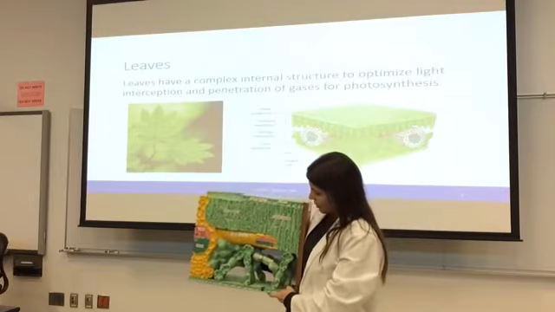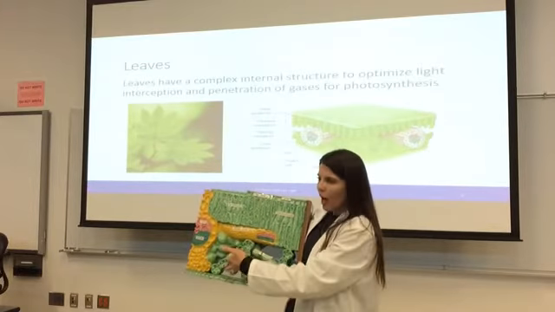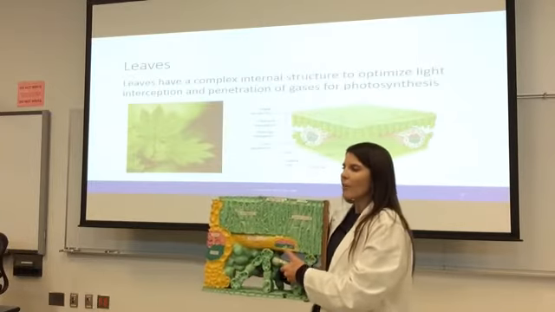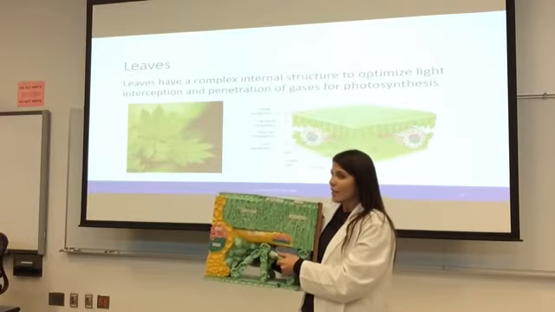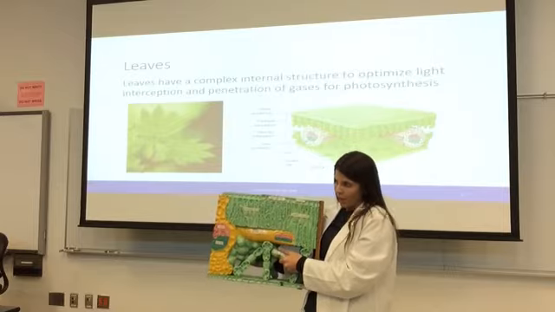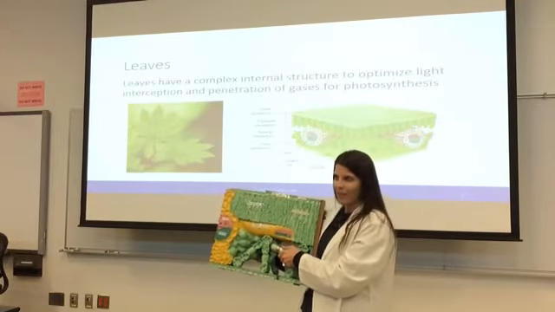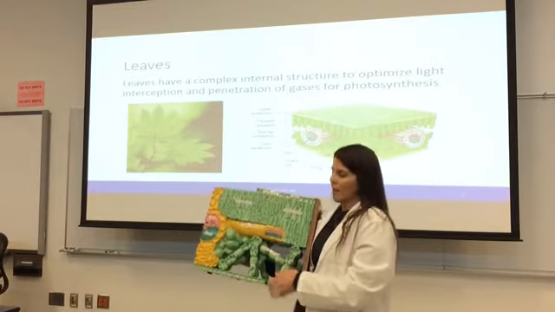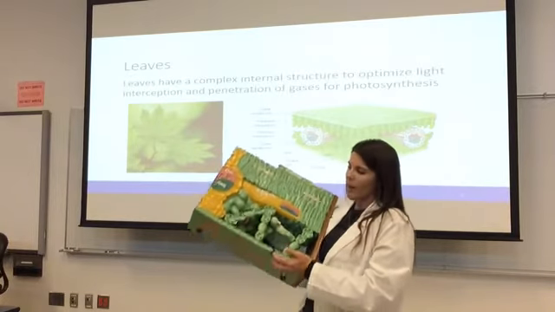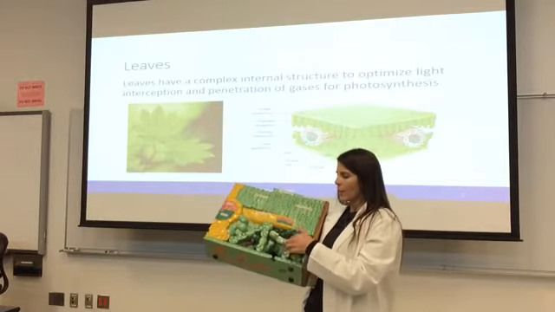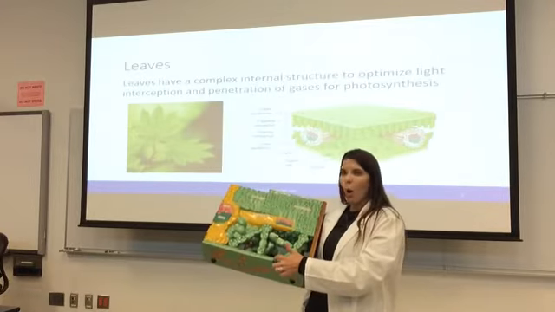Here at the bottom, there's a lot more space and openness, and we reference that as the spongy mesophyll. And why does that make sense? It kind of looks like it's holey and so on. And then at the very bottom, underneath the spongy mesophyll, are these holes.